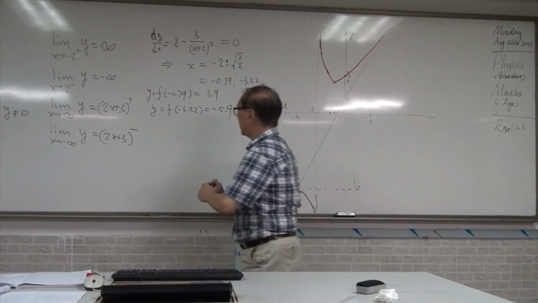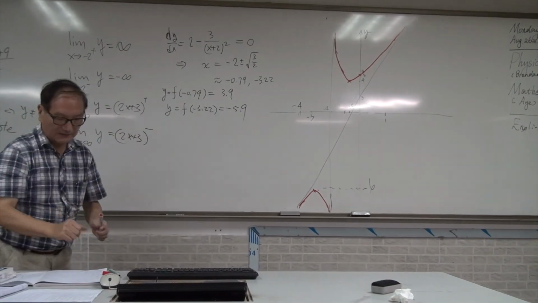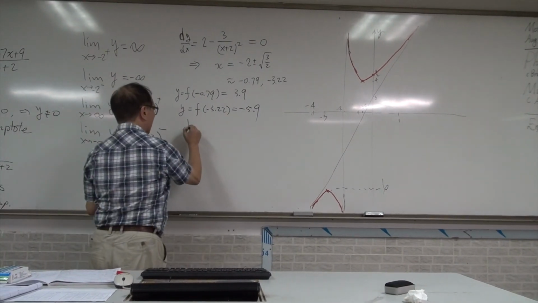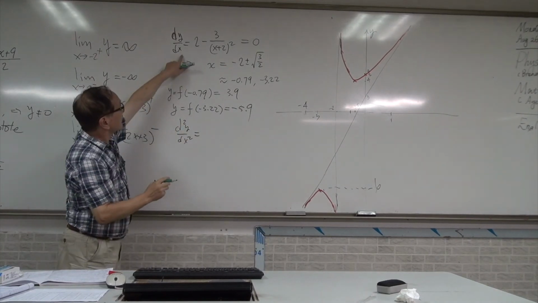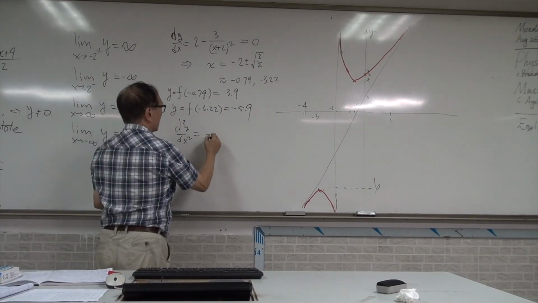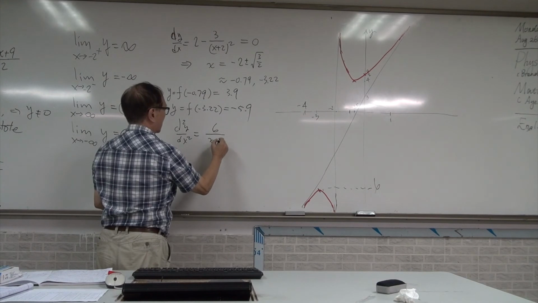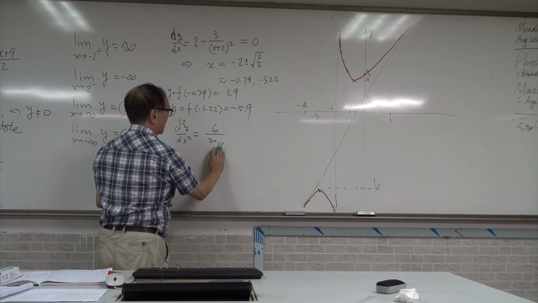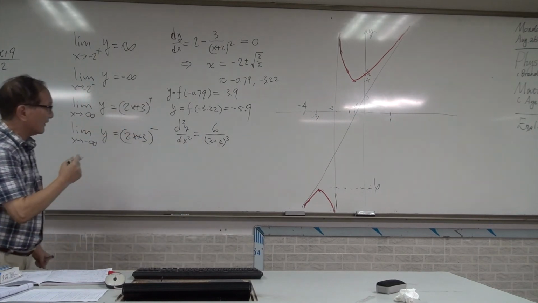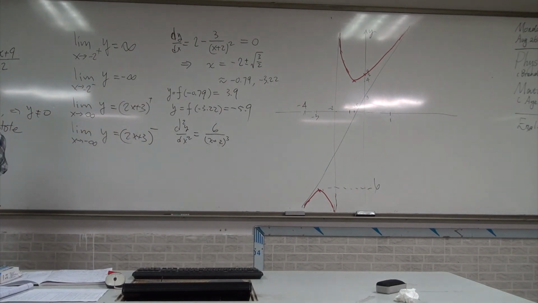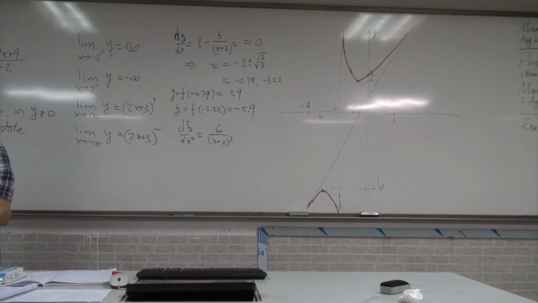Now you can check the second derivative. The second derivative, which is not difficult to find, is equal to 6 over (x plus 2) cubed. Okay. This one is never 0.